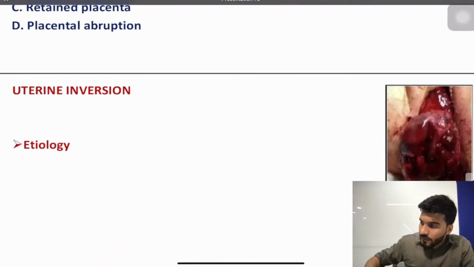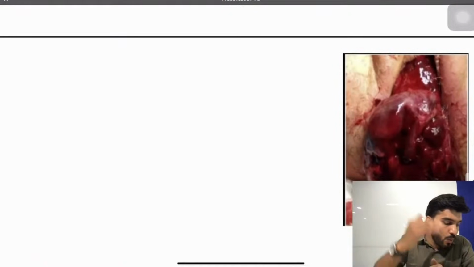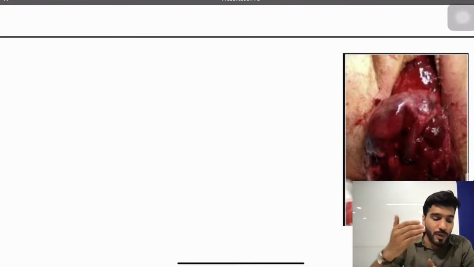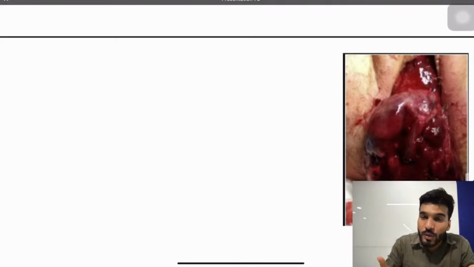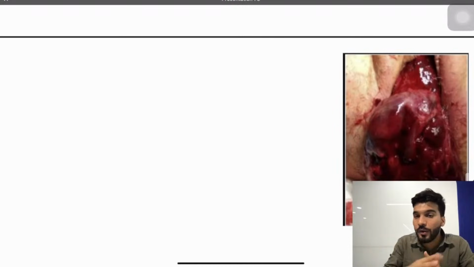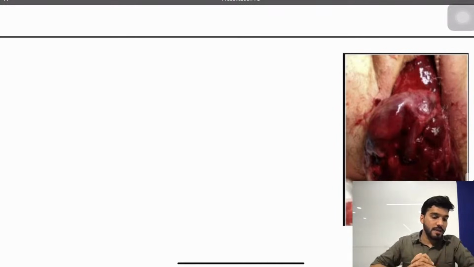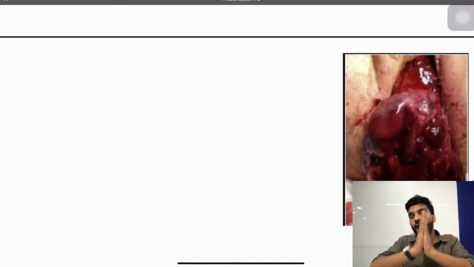Now my dear students, when we talk about uterine inversion, what is coming out? Uterus is coming out. But in uterine prolapse also, what is coming out? Sir, in prolapse also the uterus is coming out. Okay? So what exactly is the difference? In both conditions the uterus is protruding out. In uterine inversion, there is turning upside down of the uterus, but when we define uterine prolapse, there is descending down of the uterus.